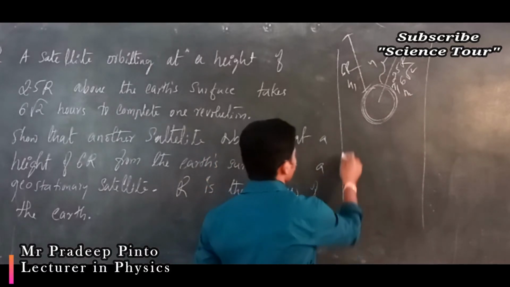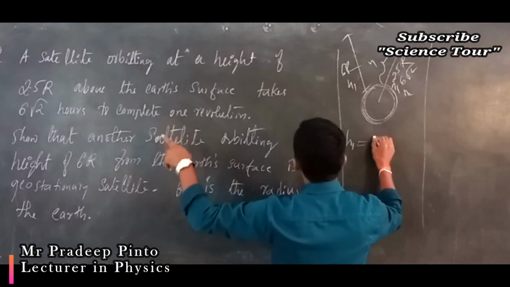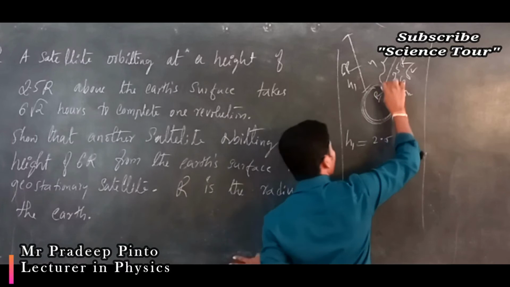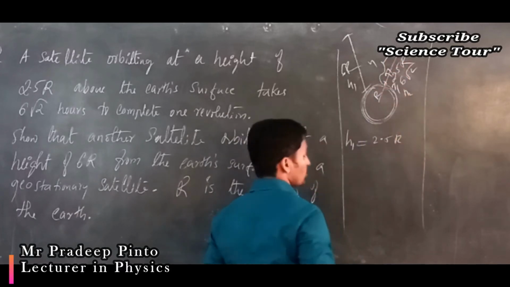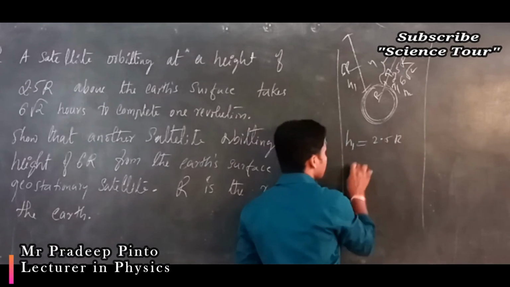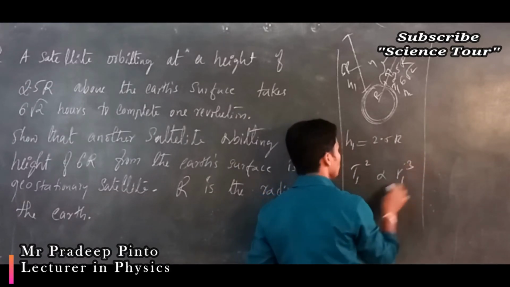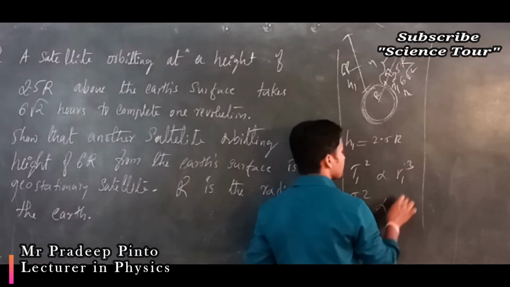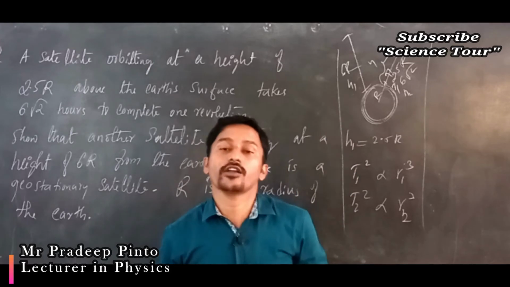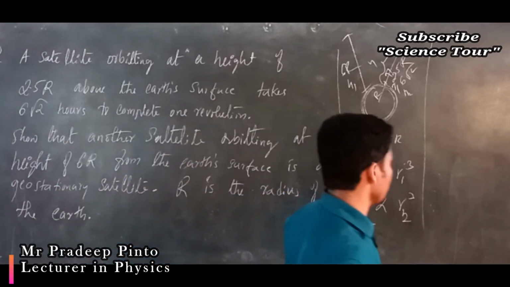See, for example, for the first, H1 is 2.5 r, means total height, r plus h, you know, total height is r plus h. Or I can say T1 square is directly proportional to R1 cube and T2 square is directly proportional to R2 cube. Why? Because of Kepler's laws, the time period square is directly proportional to the cube of the semi-major axis.